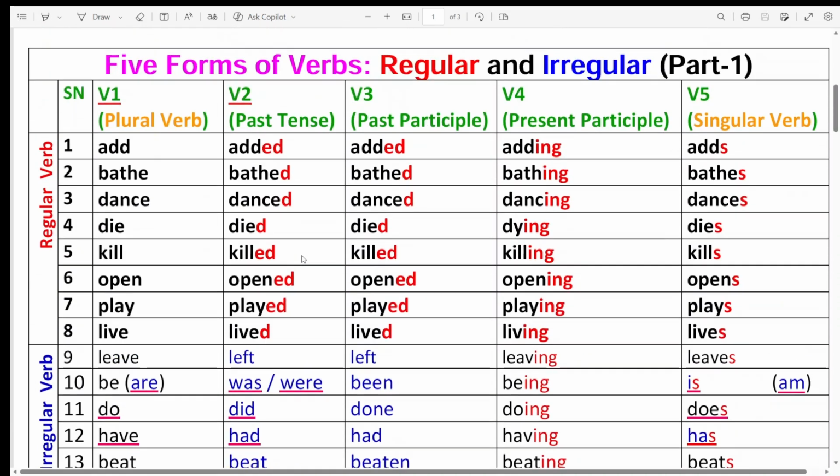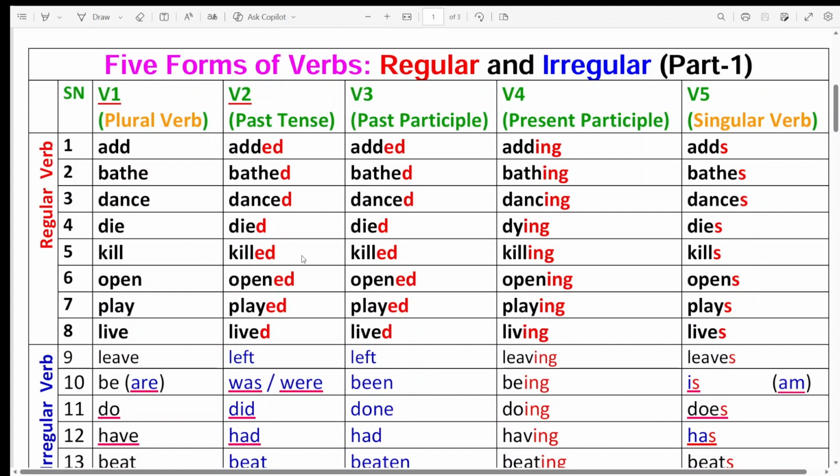Once again, I will read for you all these verb forms. Okay, you listen to practice. I won't call the number here. I just read them all. Add, adding, adds. Bathe, bathed, bathing, bathes.